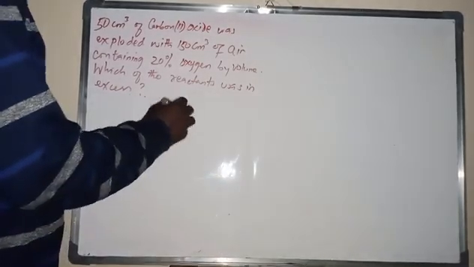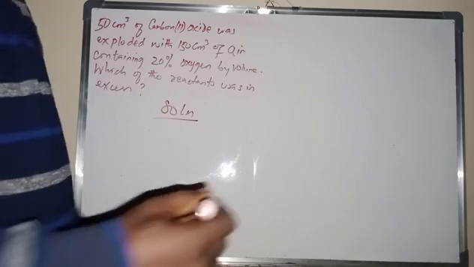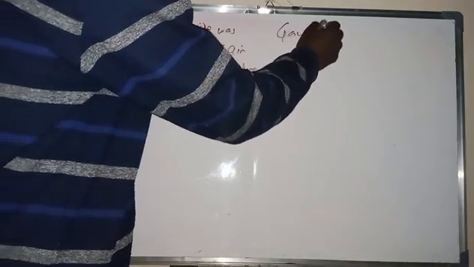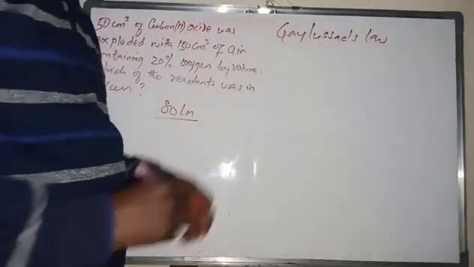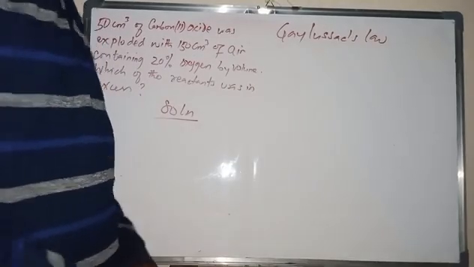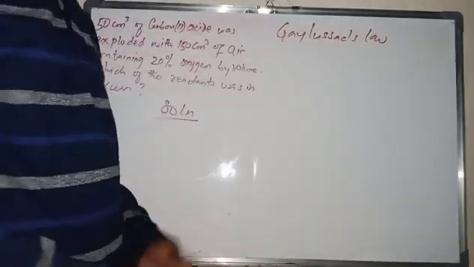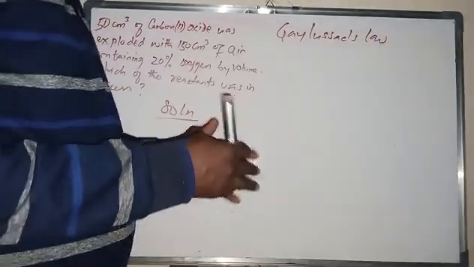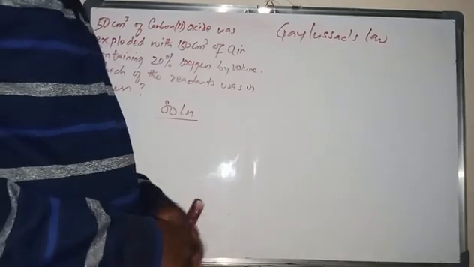So this problem is an application of Gay-Lussac's law of combining volumes, which states that when gases react, they do so in volumes which bear a simple ratio to one another and to the volume of the product if gaseous.